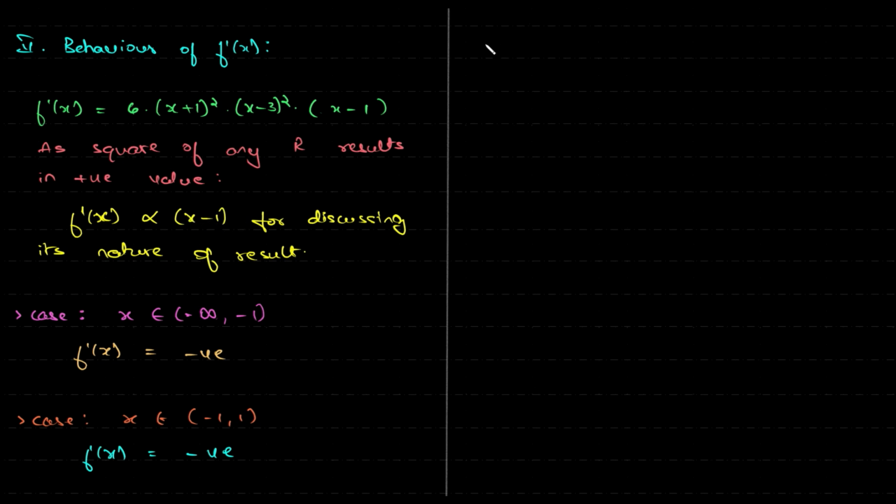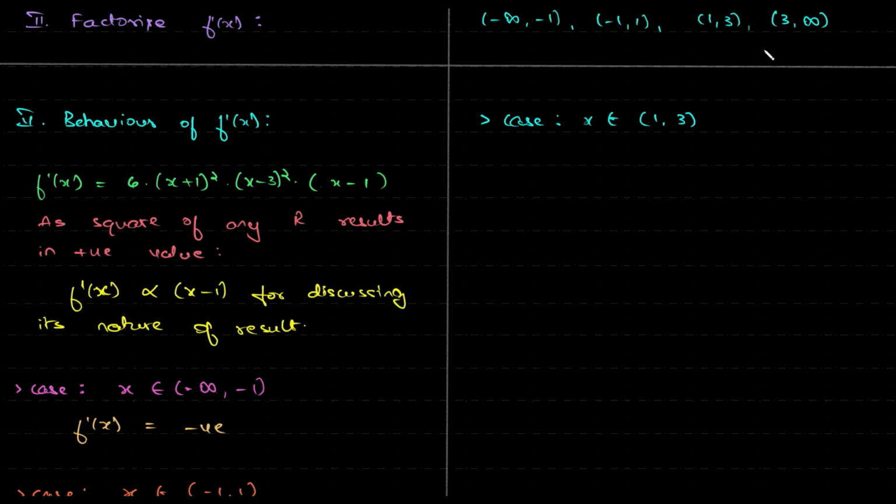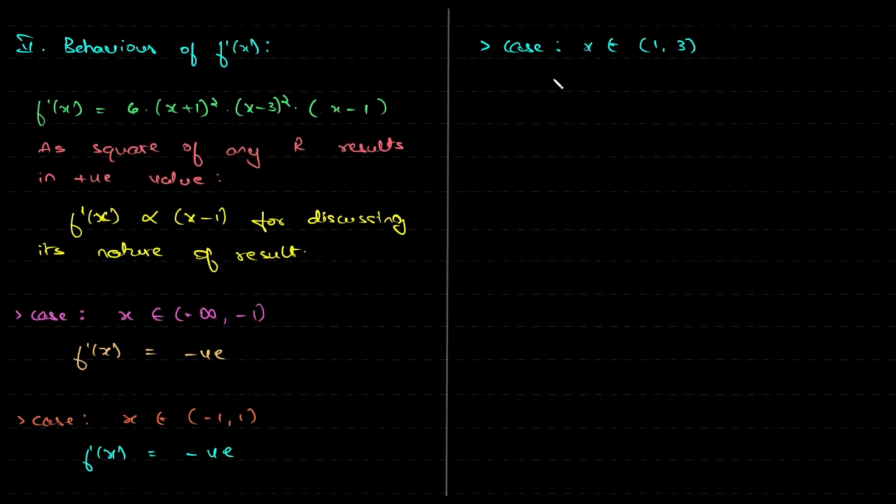As simple as that. Next, we'll pick a case wherein we have values from 1 till 3, if I'm right. Let me see that. 3, yeah. Then f prime of x will be positive for any value over here.